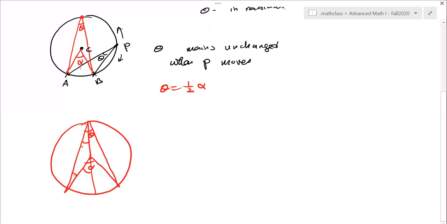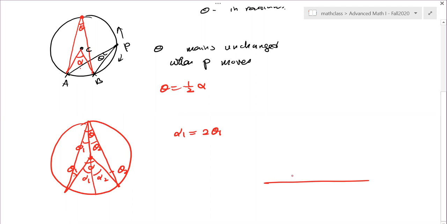Let's call this theta 1, that's theta 2. Because this is an isosceles triangle, that's also theta 1, that's theta 2. And then this will be alpha 1, this will be alpha 2. You will see that alpha 1 is going to be twice theta 1 because this is the exterior angle.